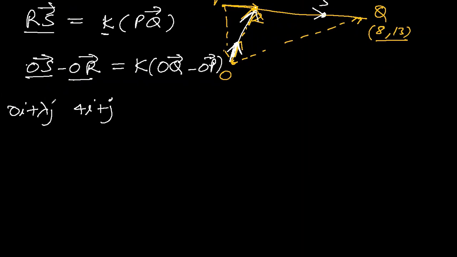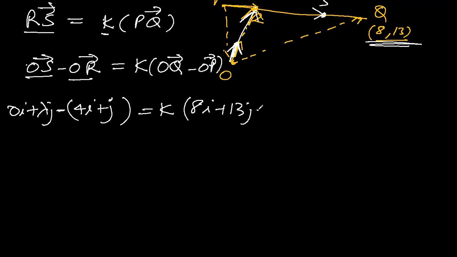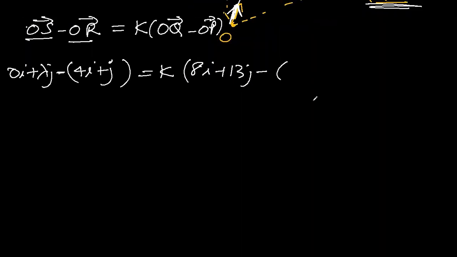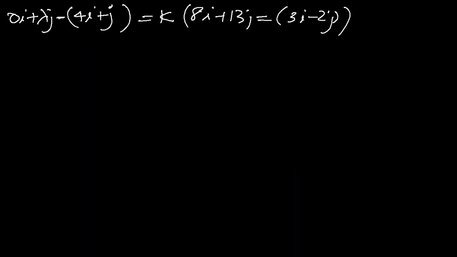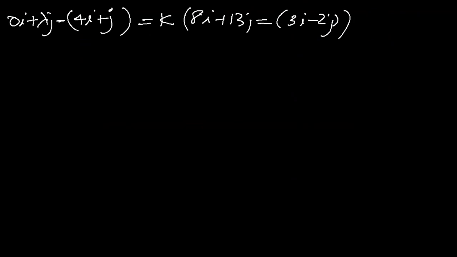So 0i plus lambda j minus OR in brackets, equal to k times (OQ minus OP). OQ is 8i plus 13j, minus OP, which is 3i minus 2j. Okay, let's compare the two and combine.